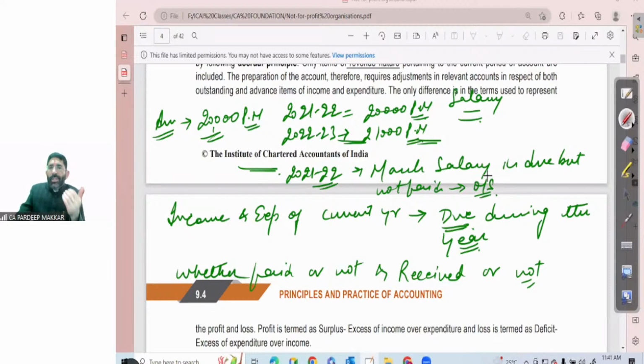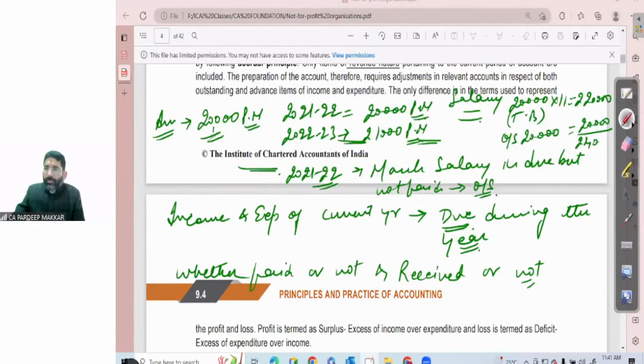So when last year accounts were prepared, we entered the salary 20,000 into 11, that is paid 2,20,000. This was paid during the year. It may be given in the trial balance. Then we added outstanding salary of rupees 20,000 for the month of March. So we entered in our last year 2,40,000. This is clear to everyone?